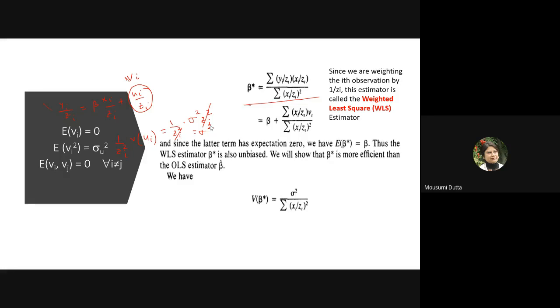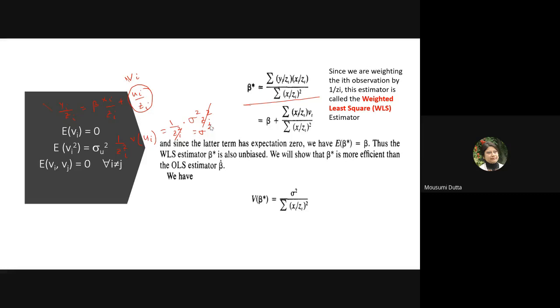Covariance between vi and vj will be absolutely equal to 0. So please check whether you are understanding the assumptions of vi. It is unbiased, it is giving homoscedasticity, it is giving non-autocorrelation. Now once we get these assumptions, we are applying OLS to the transformed model and getting beta star in this format.